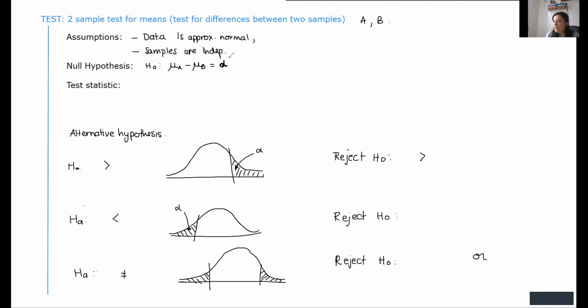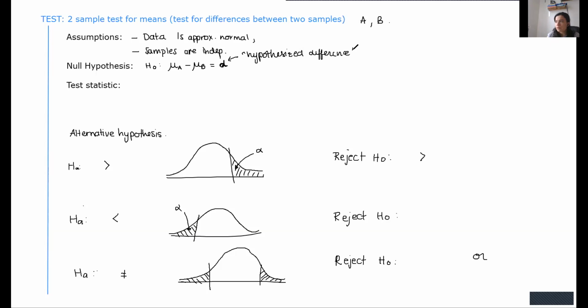And so D over here is just the comparison value. So this is like the hypothesized difference, what I think the difference between these two is going to be.